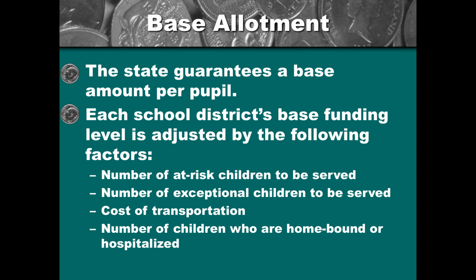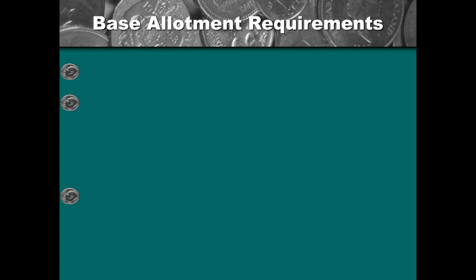The number of exceptional children to be served, and there are different levels of exceptional children, mostly special education students, but also students that are language learners, and then the cost of transportation, based on another formula for how far and how large the district is. And then the last one is the number of children who are homebound or hospitalized.